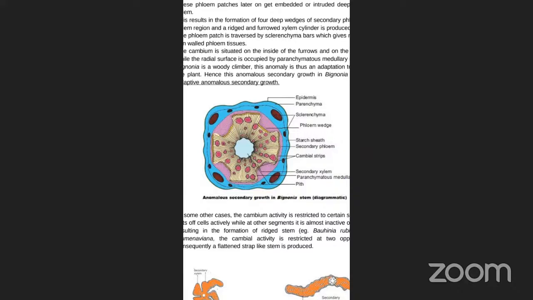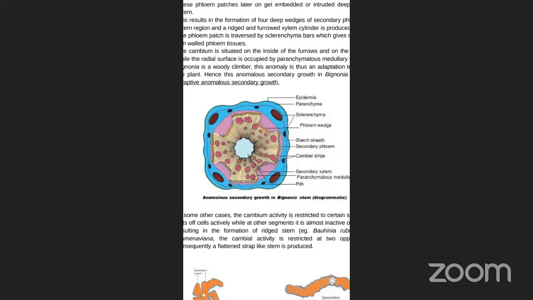Bignonia transverse section shows epidermis, cork, cork cambium, cortex, endodermis, and pericycle fiber patches. Next, starch sheath, phloem wedges, secondary phloem.